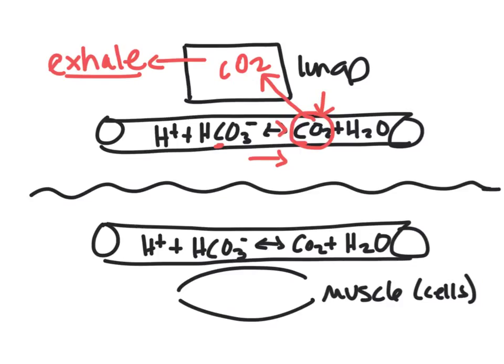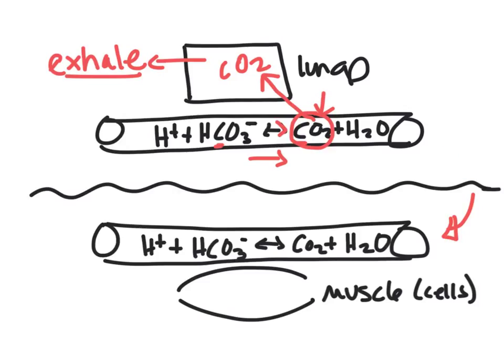That blood ends up in the arteries, ends up in the arterioles, and ends up going into the capillaries that are leading into the cells. So now we're looking at the capillaries going through the cells. Again, we have the same elements, and they're in an equilibrium. They're still in equilibrium because nothing has changed from here to here.